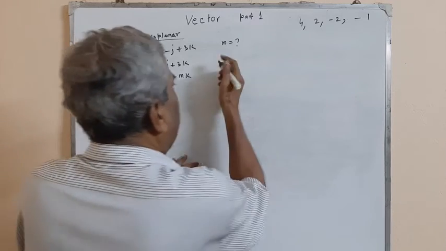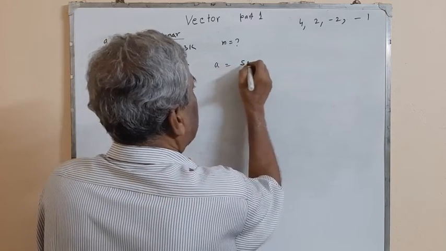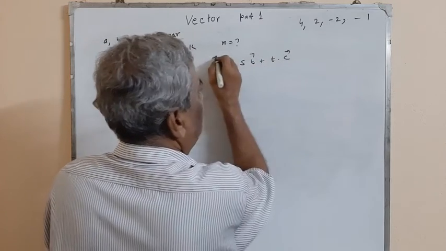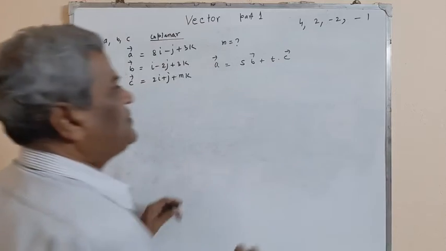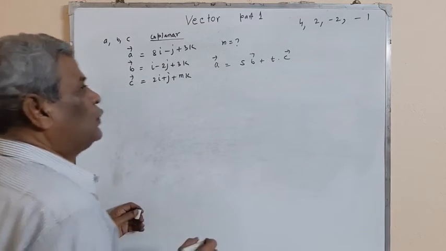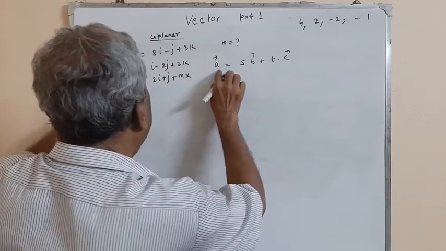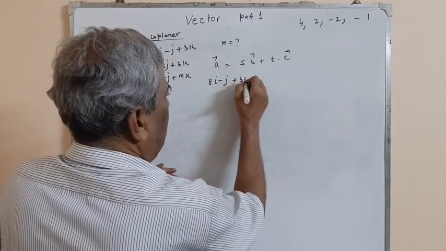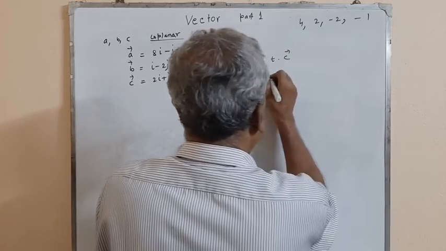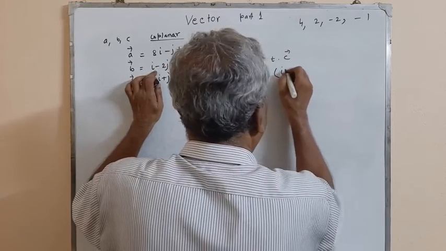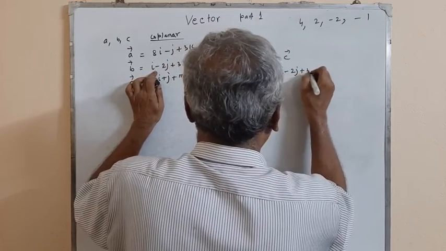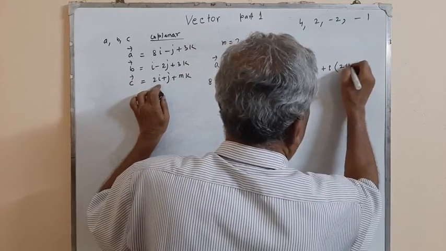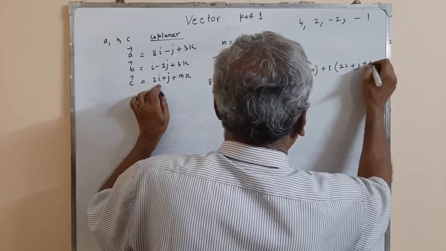That means A is equal to s times B vector plus t times C vector, where s and t are scalars. So 8i minus j plus 3k is equal to s times (i minus 2j plus 3k) plus t times (2i plus j plus mk).